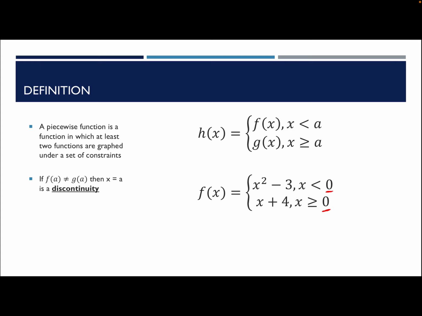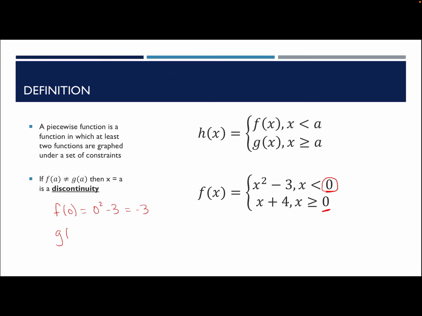So in this case, we know x squared minus 3, its domain is all real numbers, and x plus 4, its domain is also all real numbers. So the only place this graph could break apart is going to be where x equals 0. And so you have to ask yourself, what is f of 0? And f of 0 is going to be 0 squared minus 3, which equals negative 3.